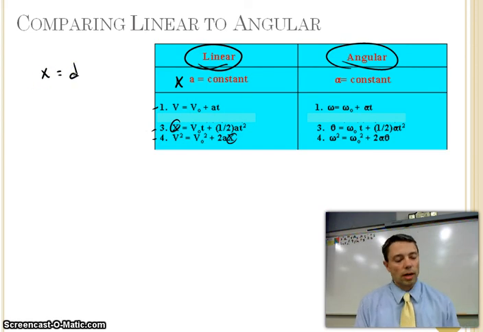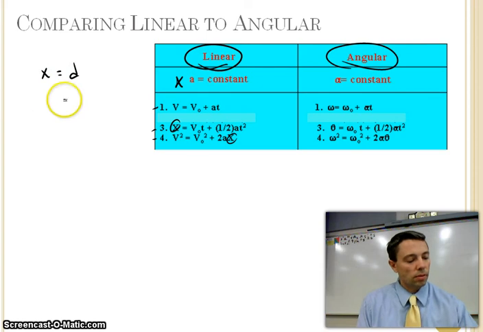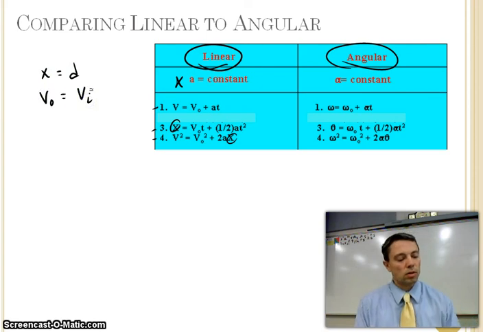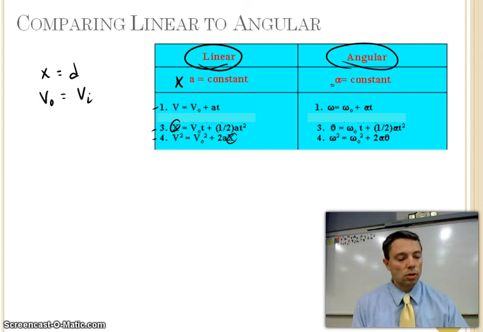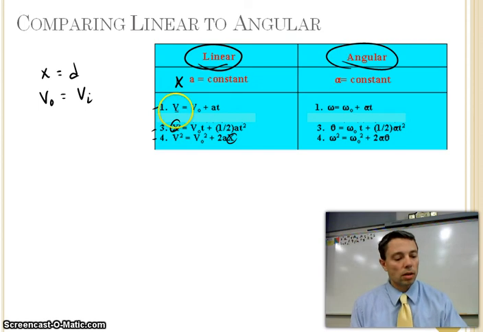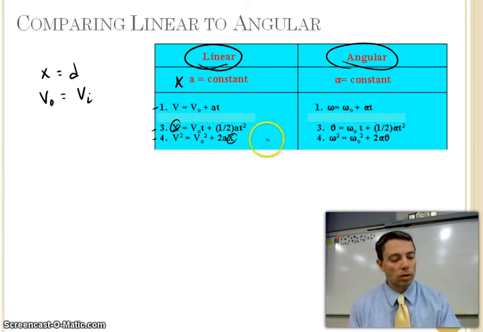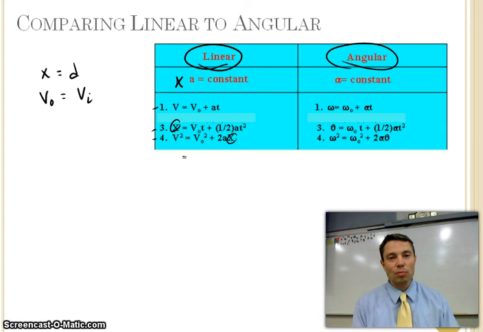It's just the graphic that I pulled up, and they have a v naught, but that was just vi, or the initial velocity, so it's the same type of thing. Under constant angular acceleration, we see similarities. So you can see the parallels between these equations. They're the exact same thing, just that we're using the Greek letters now.